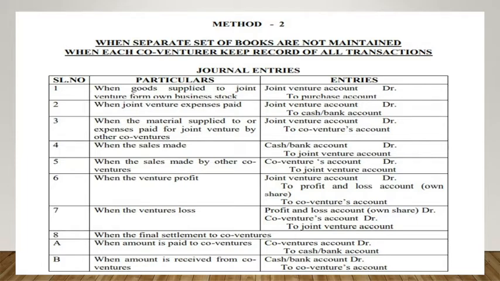When material is supplied by the other co-venturer, joint venture to other co-venturer's account. Expenses or sales made by co-venturer, cash or bank account to joint venture account. Sales made by other co-venturer, the account to joint venture account. Then profit distribution, if loss then loss distribution, and amount paid to co-venturers and amount received from co-venturers.